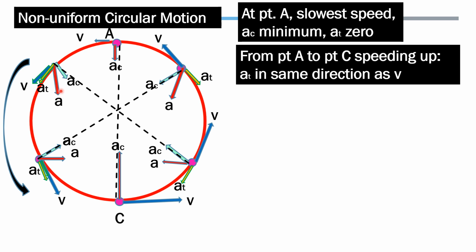So if the centripetal acceleration is always towards the center, while the tangential acceleration is tangent to that point, then to describe the actual direction of the acceleration at this point, we can use a trigonometric function that will define a certain angle.